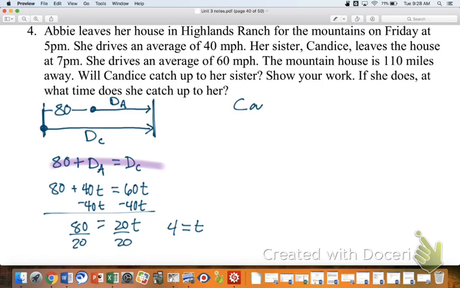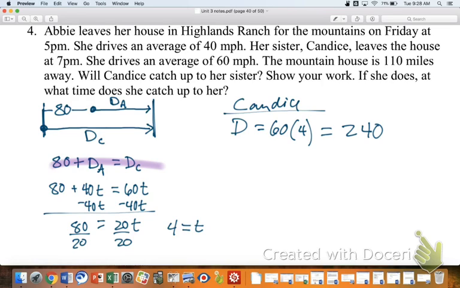For Candace to catch up to Abby, it's going to take her 4 hours, right? What is Candace's rate? 60 miles per hour. And the time that it would take her to catch up is 4. 60 times 4 equals 240. So it's going to take Candace 240 miles to catch up to Abby.